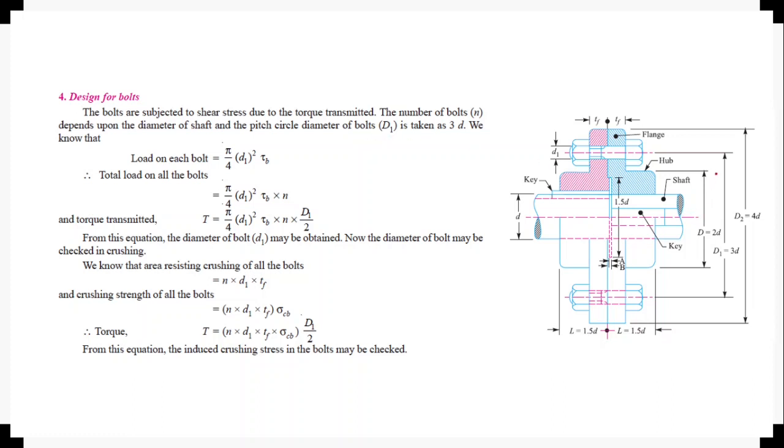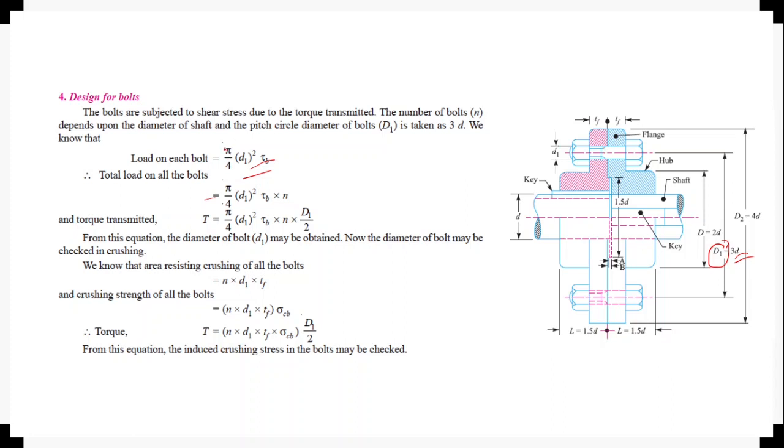Here the pitch circle diameter is d1, and that is equal to 3d. Then load on each bolt, we already know the equation for this load, depends on the cross sectional area of the bolt core, the diameter of the stud of the bolt, which is small letter d1.